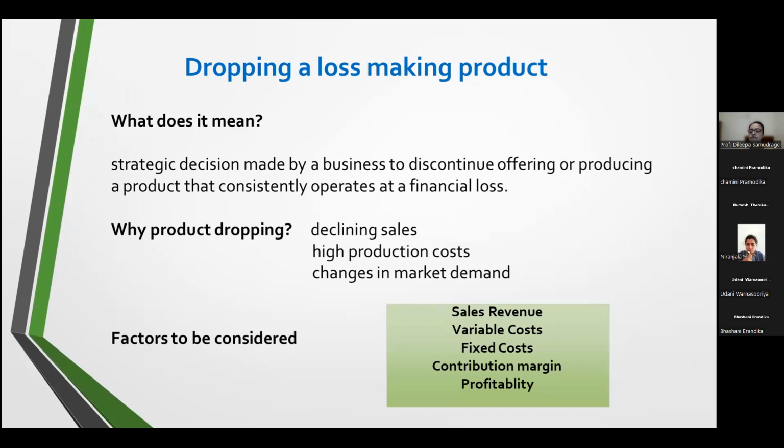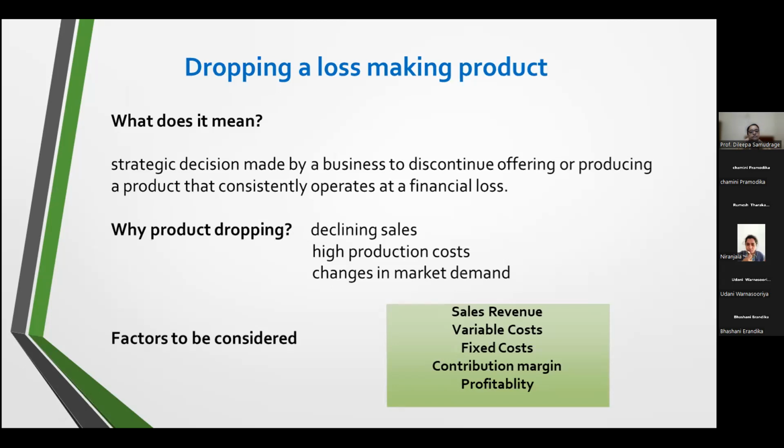So, as a short-term decision, organizations want to decide whether to continue a product or not.